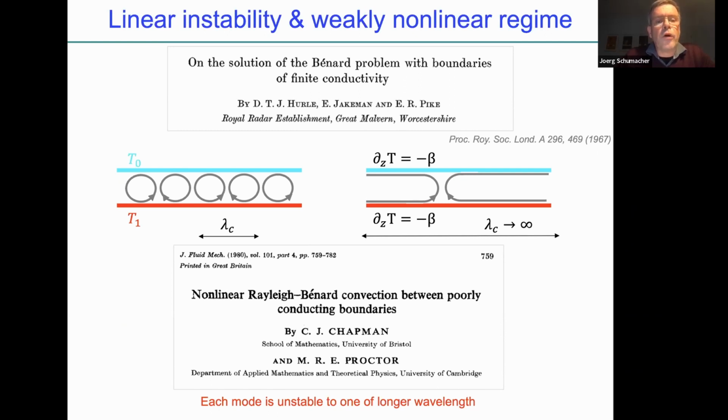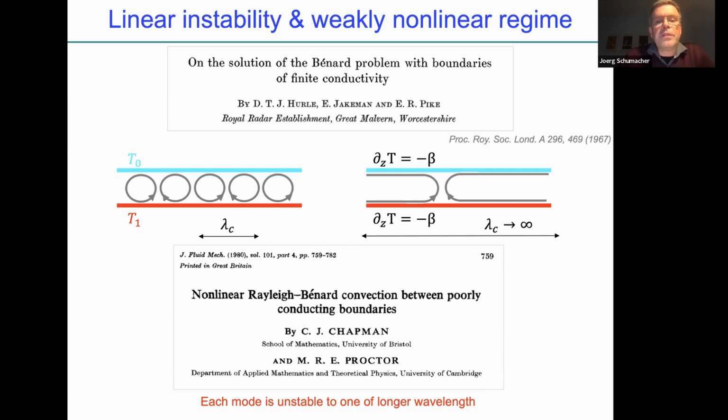that go back to Hurle and co-workers in the late 60s of the last century, where they basically conducted linear stability analysis for the Bénard problem with boundaries at finite conductivity.